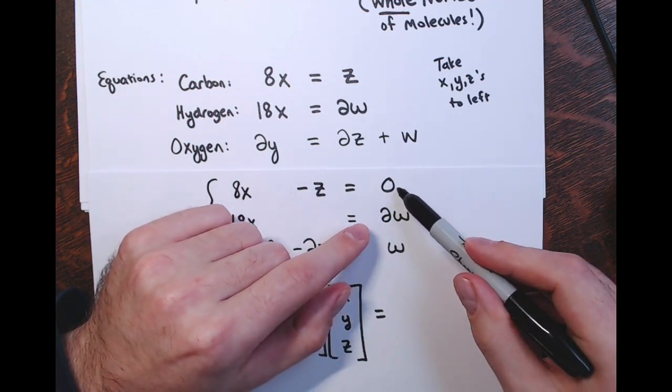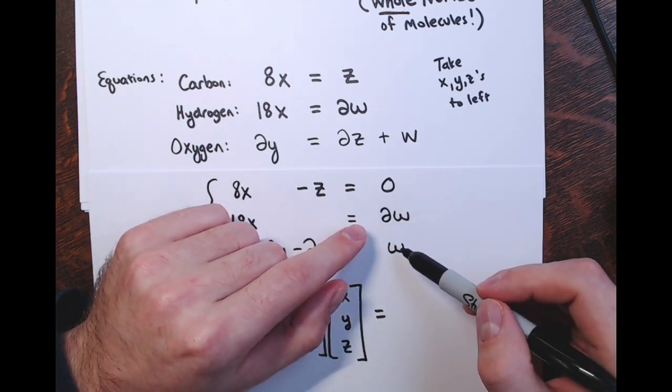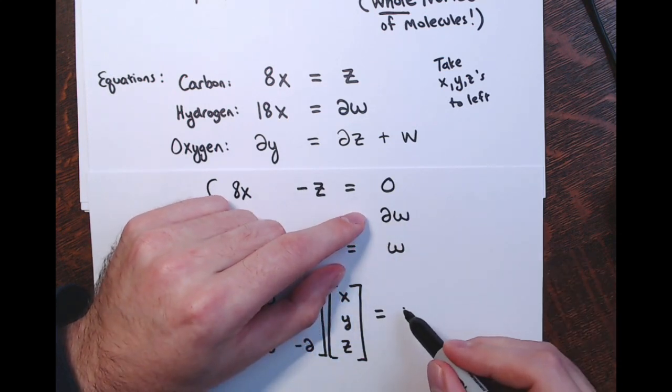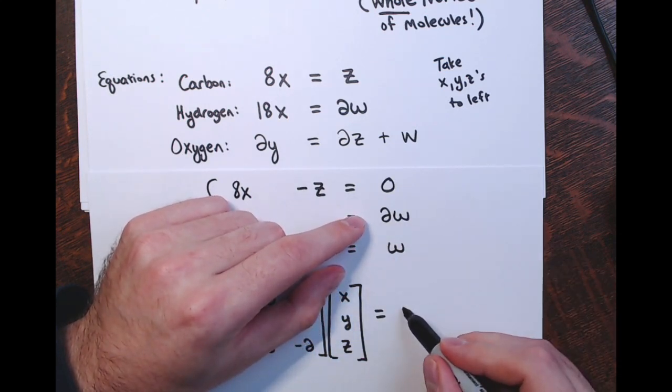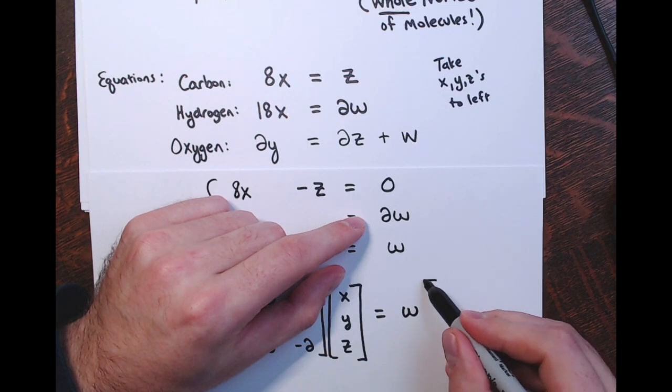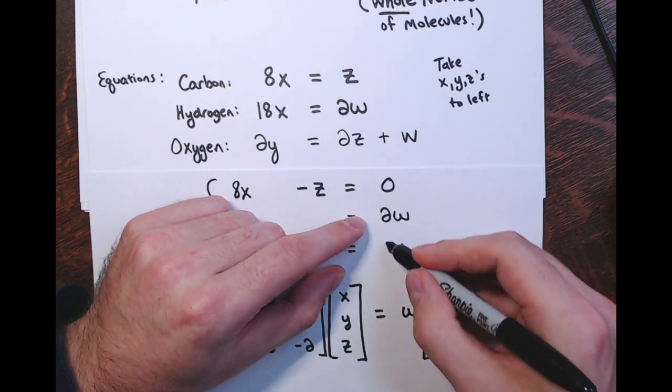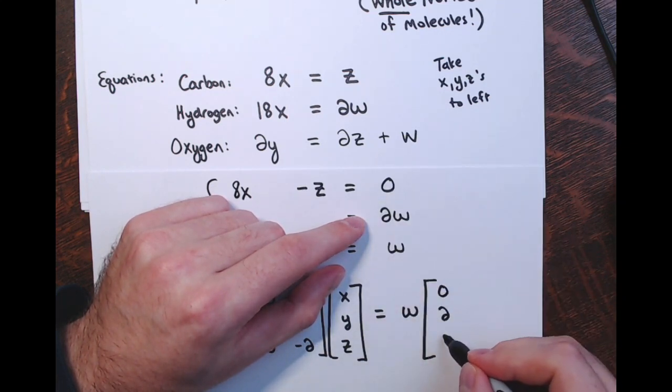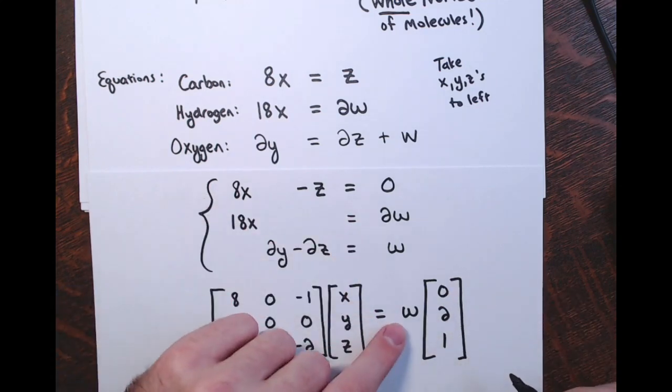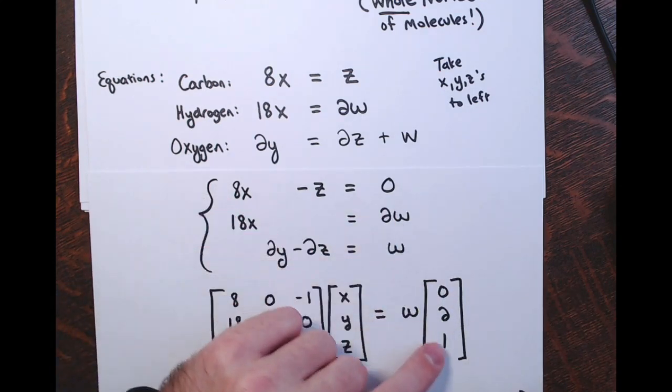Technically that's like 0w. So I could pull a w out as a scalar and have it be multiplied by the vector 0, 2, 1. You see how that's 0, 2w, and 1w.